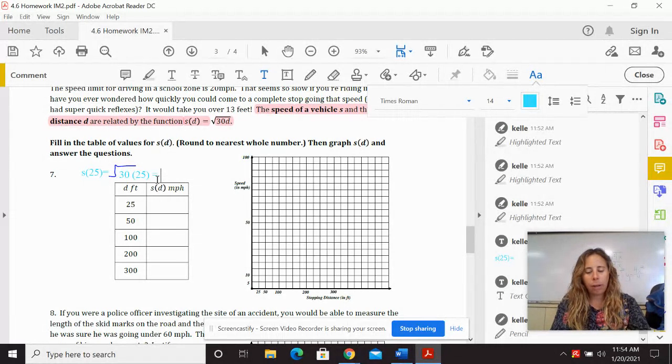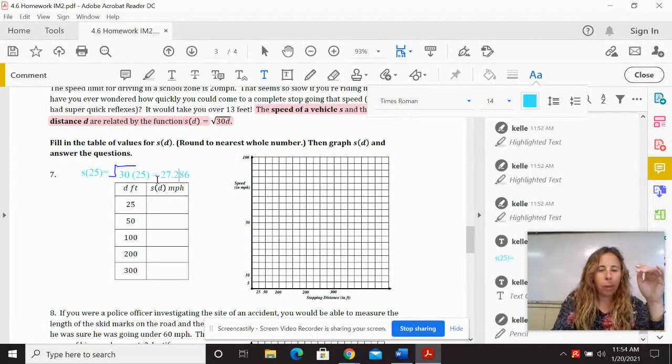So let me do it. 30 times 25 is 750. So the square root of 750 is 27.386.